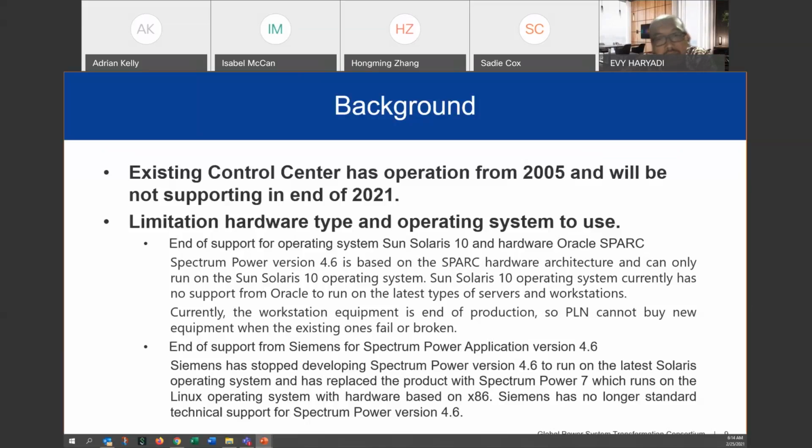To mitigate this problem, we're preparing to buy some workstations in the market before they're obsolete by the end of 2021, because we still need to operate until we build the new control center, maybe finished around 2023.